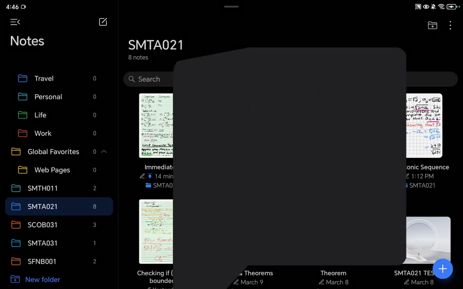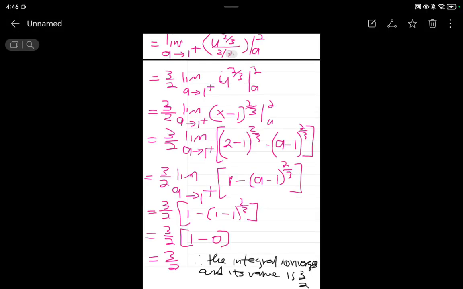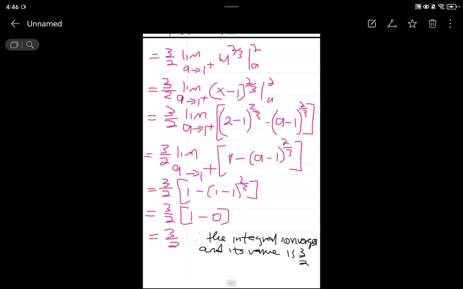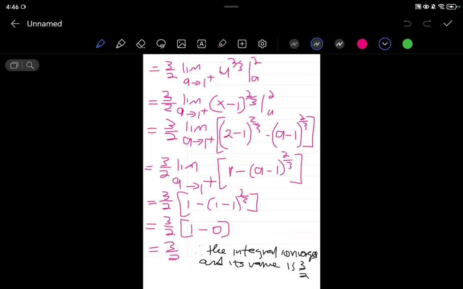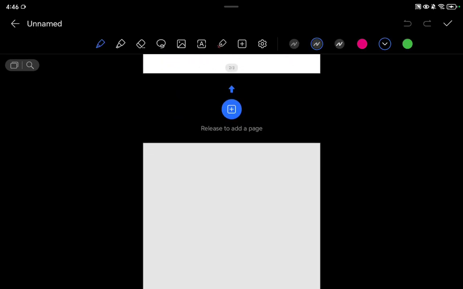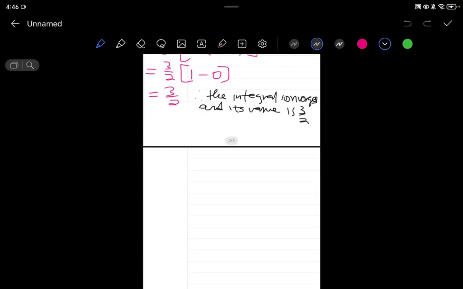Then we can compute that. So number 2 is the integral from -1 to 1 of dx over x squared.